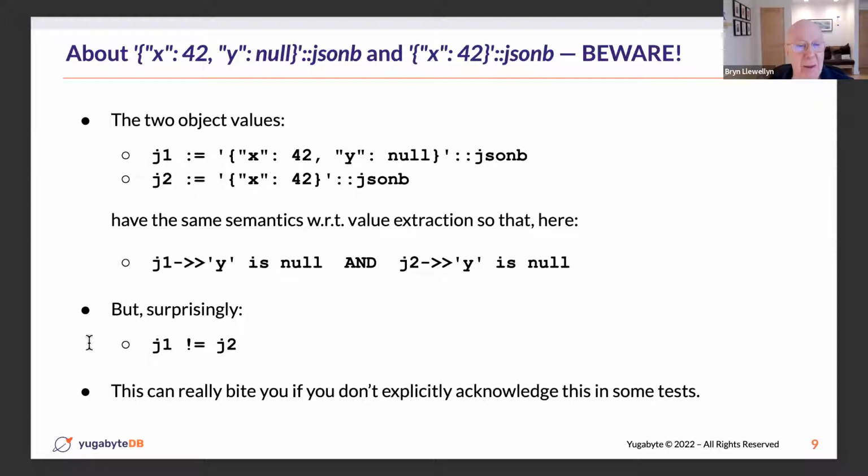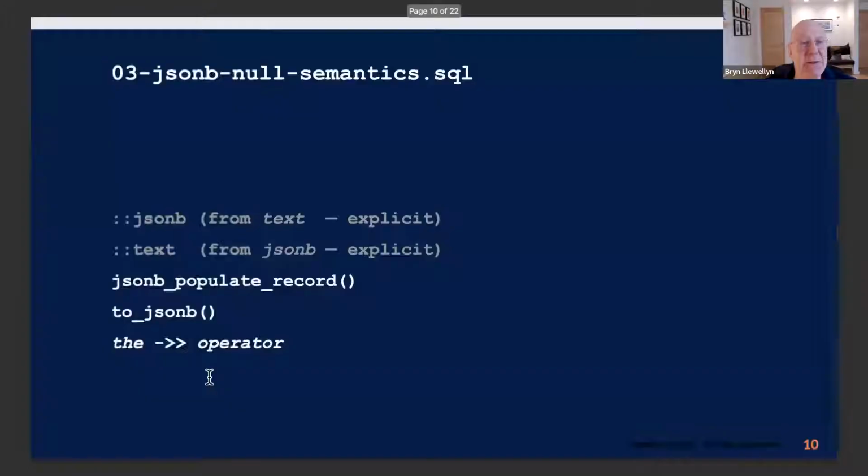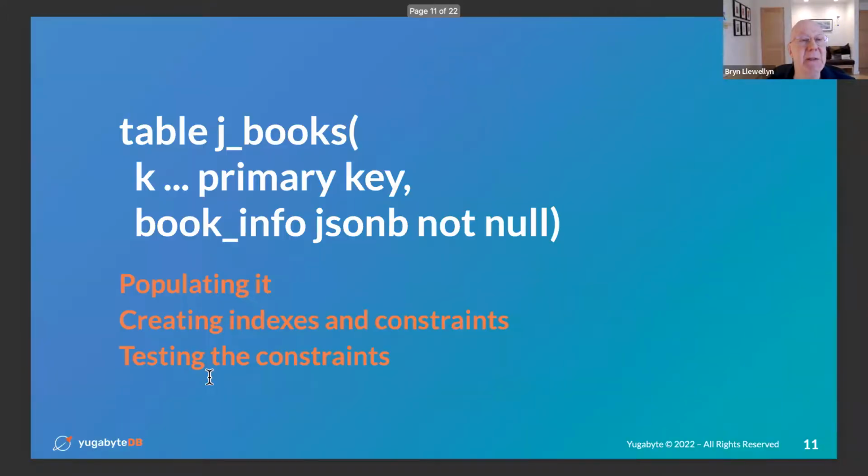They're both null. But surprisingly, these two JSON values themselves test differently. That can be a real nuisance in certain circumstances, and we might have time to see some of that. Now we're really ready to get started. Clock is ticking fast here, but I'm just going to put some JSON in and talk about it, create some indexes and constraints on it, test the constraints.